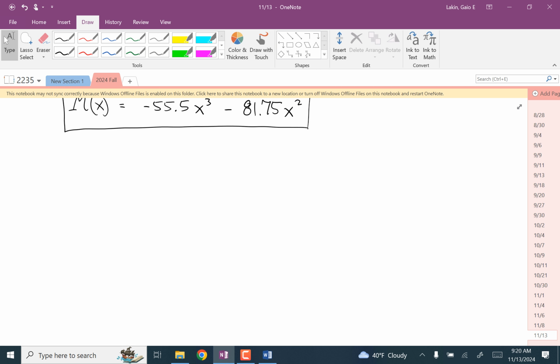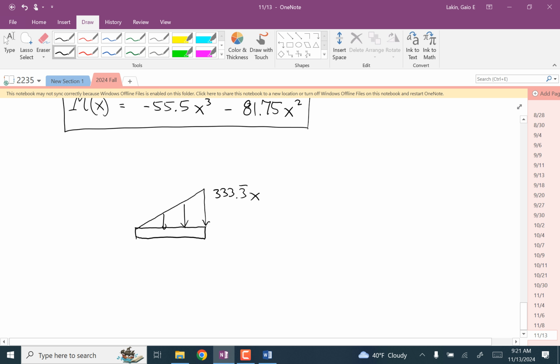So if we have this cut where this has a height of 333.3 repeating x, and then this distributed load is 163.5, and then we have these things. Then the next step is we calculate the area and the centroid.